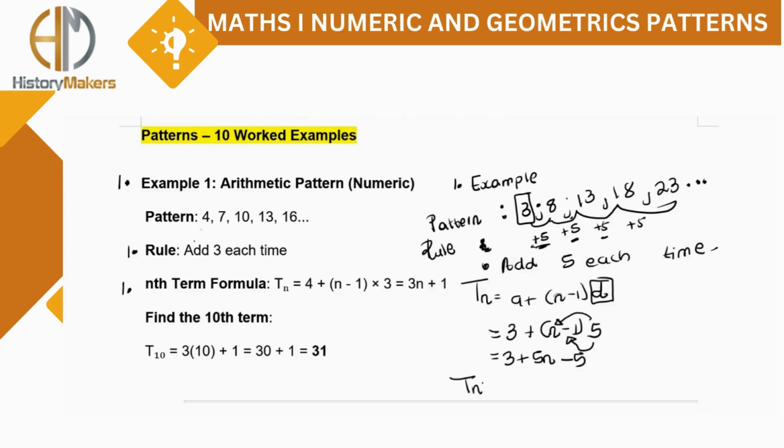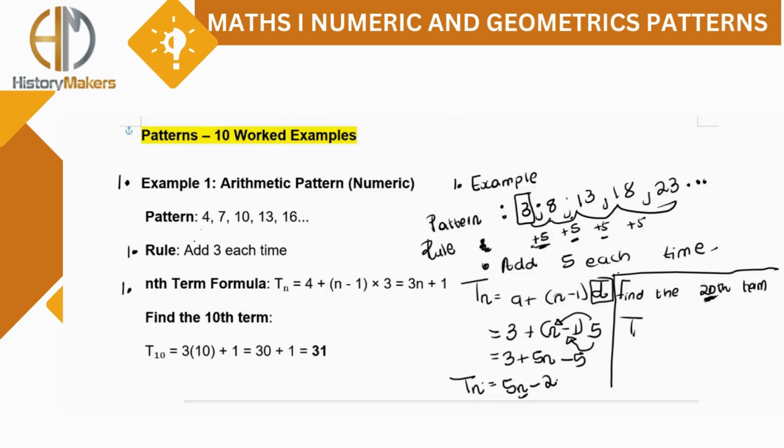Our Tn ends up being 5n minus 2. And let's say they asked us to find the 20th term. So the 20th term will be our n.